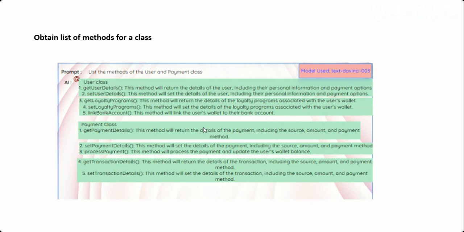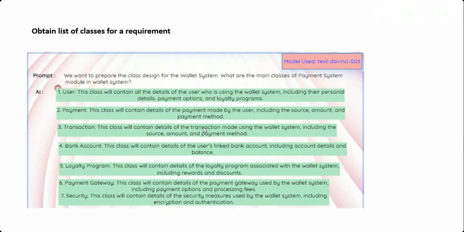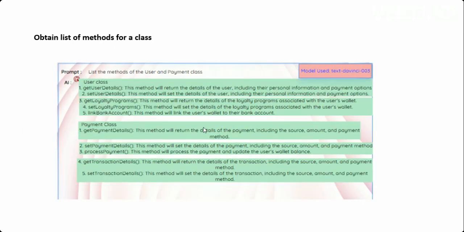Coming to transaction classes, we should have transaction details, getting and setting those details in the system. So these are the methods involved for the classes. And as we have the single responsibility principle, where we have separate classes for different functionalities, the methods related to those functionalities come into those classes.